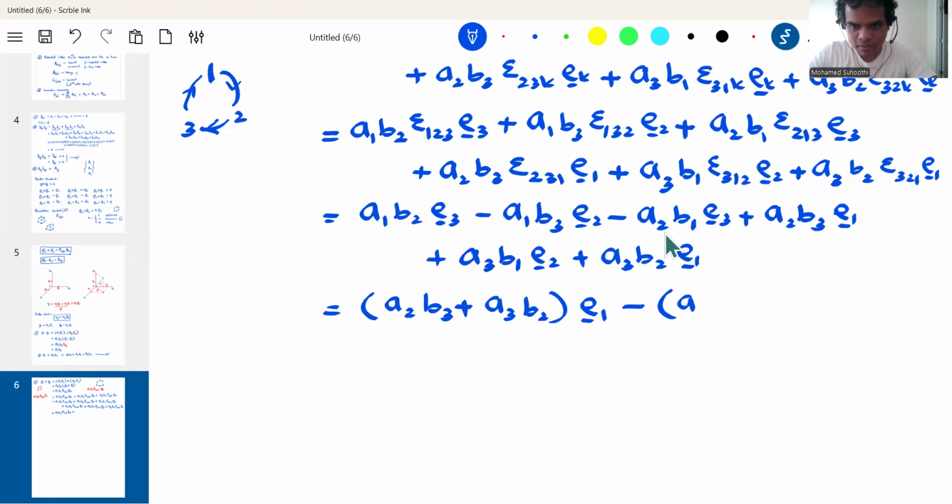Then A1, B3 minus A3, B1, E2. Then finally, the E3 terms, E3, right? A1, B2 minus A2, B1.